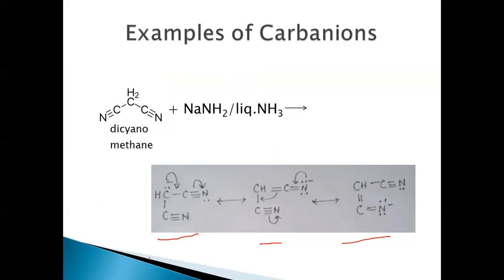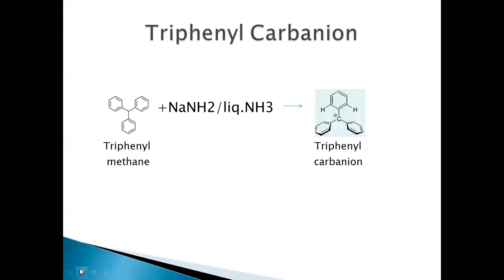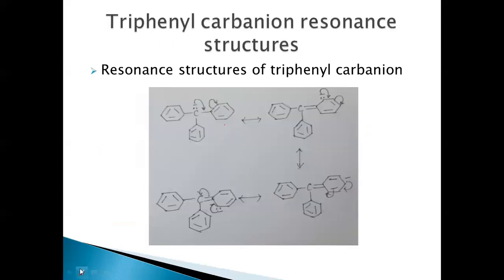And the main example for this is triphenylmethane. It readily reacts with NaNH2 in the presence of liquid ammonia, resulting in the formation of triphenyl carbanion. This triphenyl carbanion is stabilized by means of resonance.